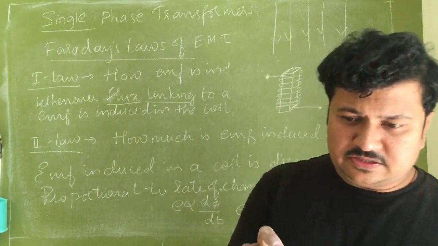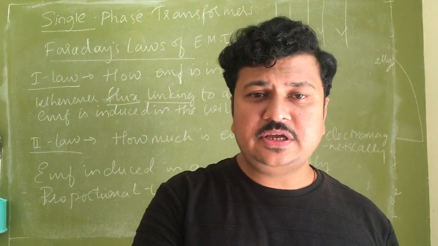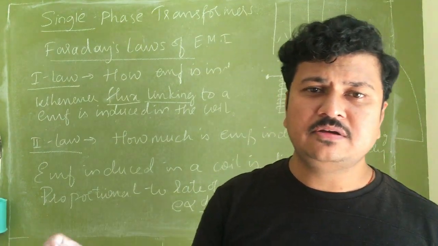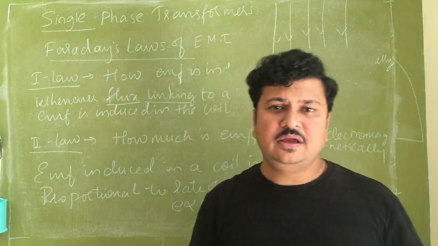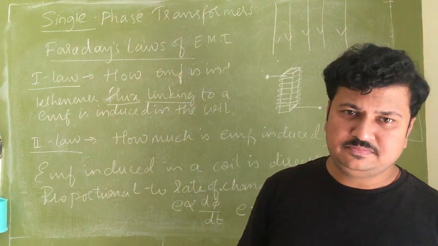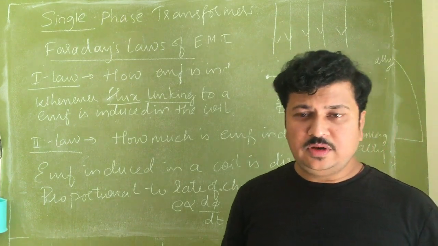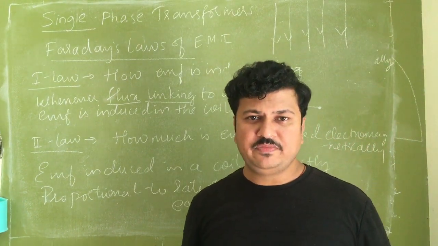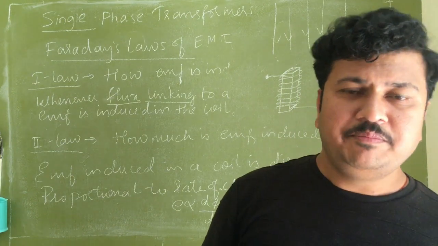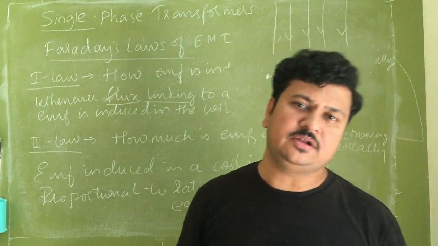When a charged particle experiences a change in the magnetic field surrounding it, it will get energy induced in it. That is potential energy. Now the electron will gain some energy because of the changing magnetic field surrounding it.